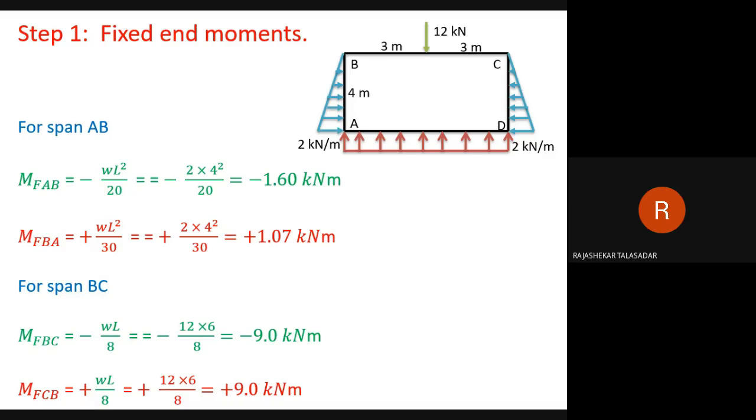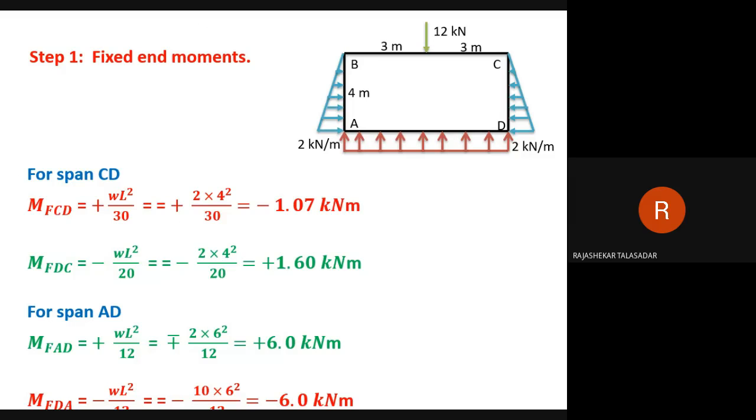Now, next span BC. The load is at the center. So what will be the fixed end moment? Minus WL by 8, 12 into 6 by 8, which is 9. Similarly, MF CB will be plus WL by 8, it will be plus 9.